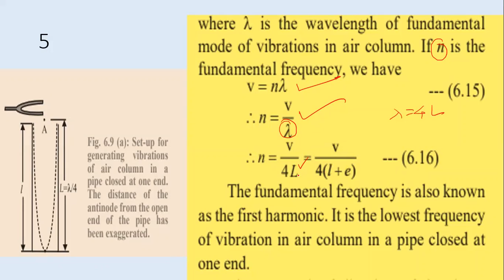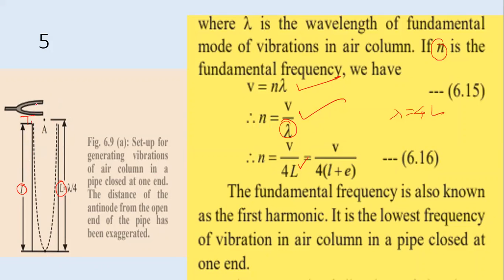But this capital L is equal to small l plus e. This is the length of the air column. Small l is the length of this tube or pipe closed at one end. This distance is the end correction.